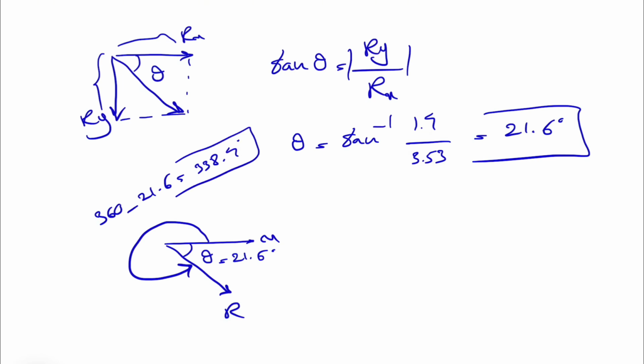Both work. It's just two ways of showing the angle, and it's your preference. But usually it's more common to show the angle as an acute angle with the x-axis, so theta from 0 to 90 degrees, and for that we report the 21.6 angle.